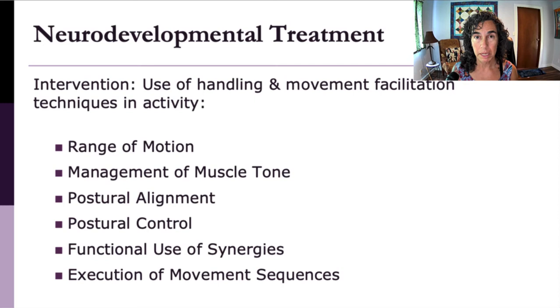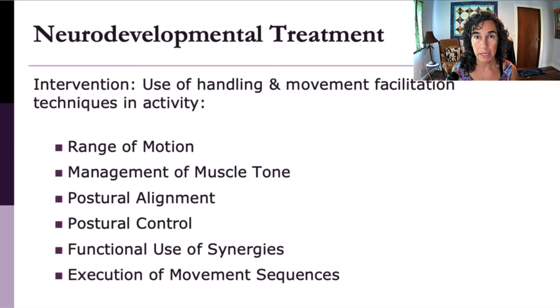So intervention: use of handling and movement facilitation techniques in activity. So that's pretty awesome, right? It's not just handling and movement facilitation, but it's within activity, which is the ultimate goal, right? We want the kid to be engaged in functional activity. So it uses range of motion, management of tone, aligning posture, controlling posture.